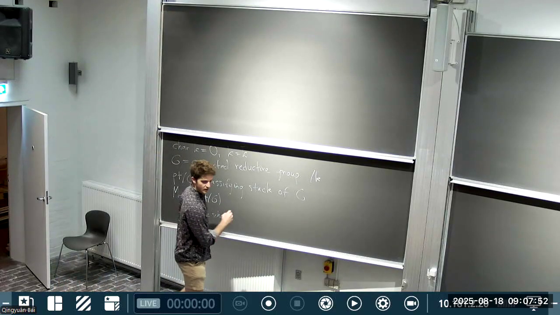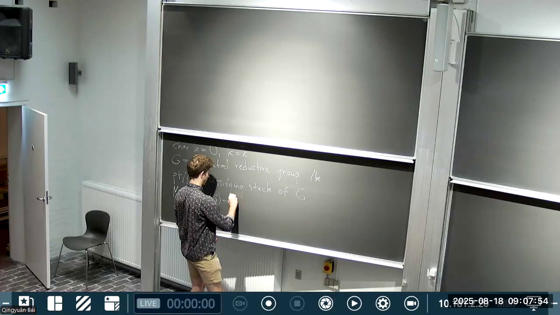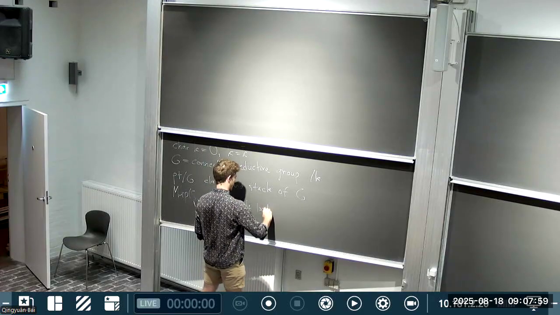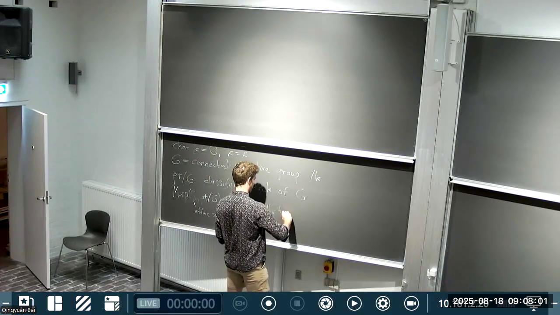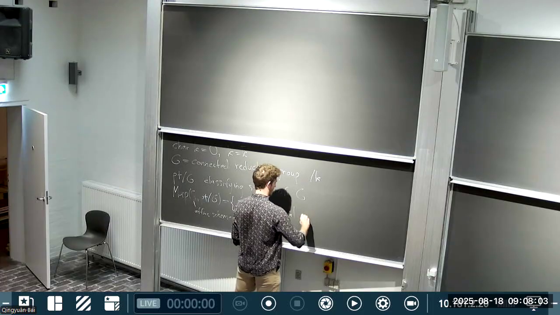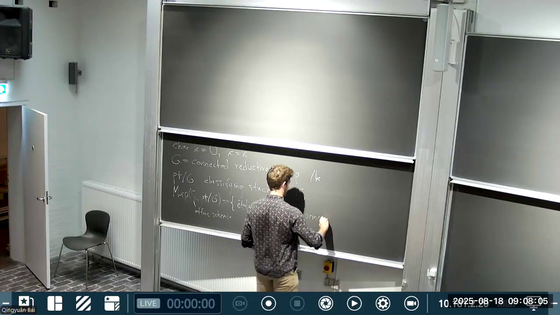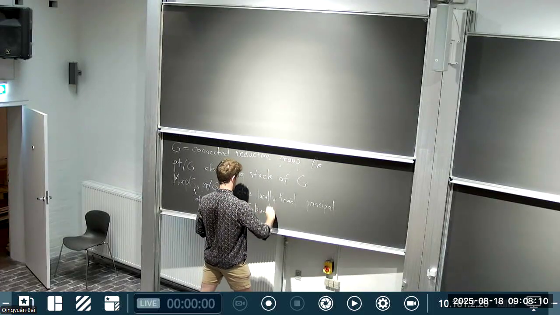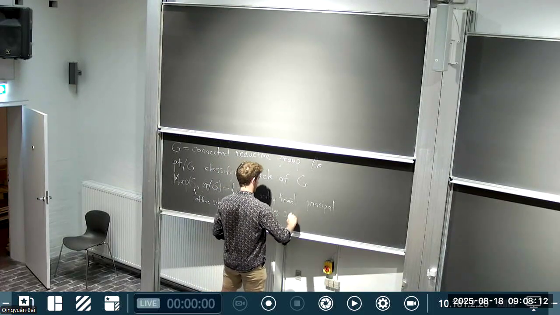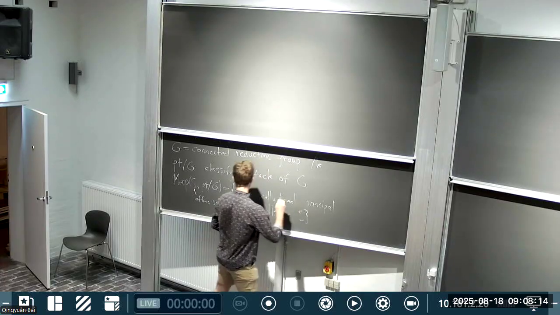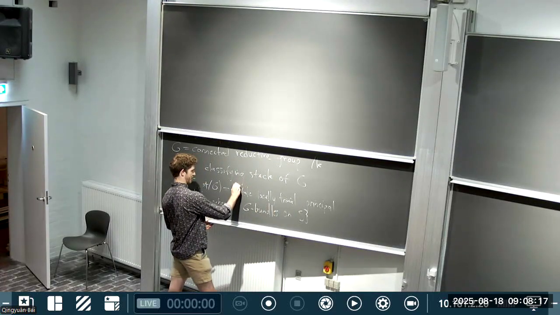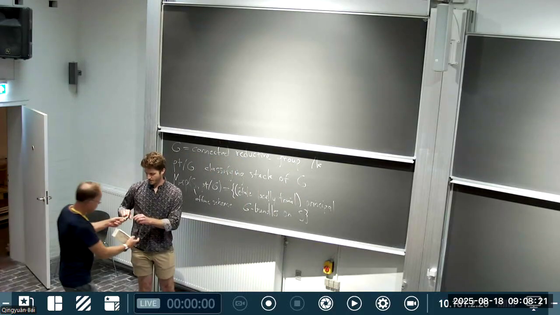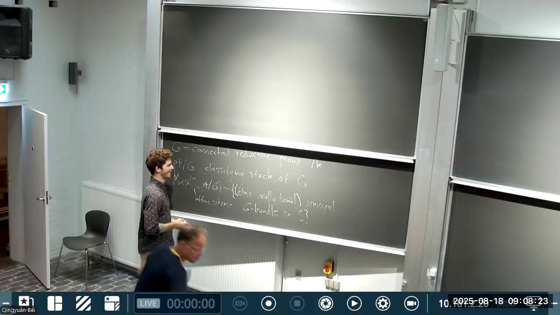And so these will be locally trivial, in some suitable topology, principal G-bundles on S. And from now on, I'll probably be a bit loose about this, and when I say principal G-bundles, I mean locally trivial.